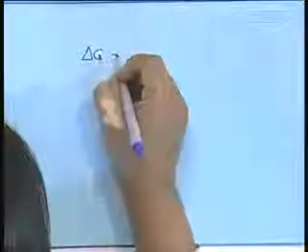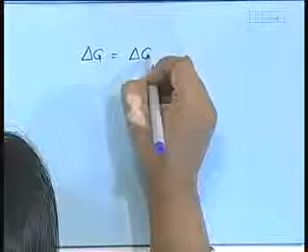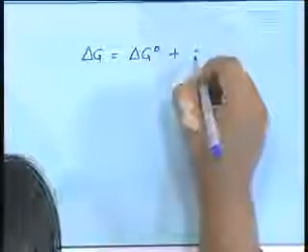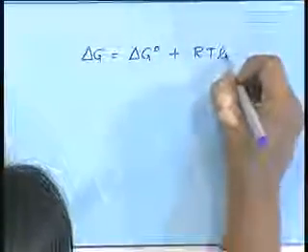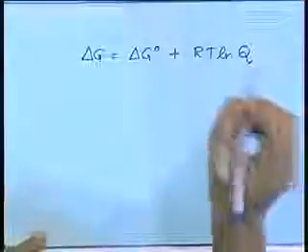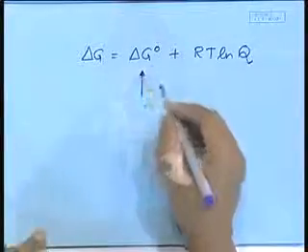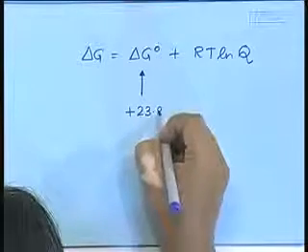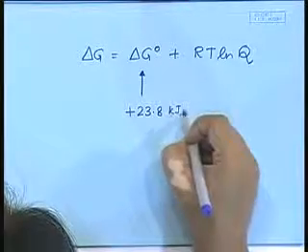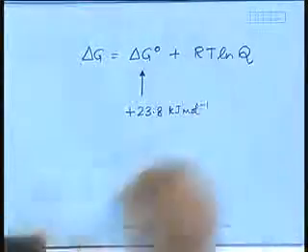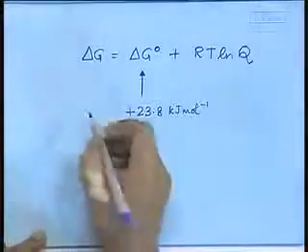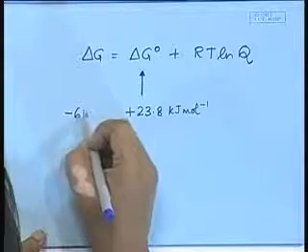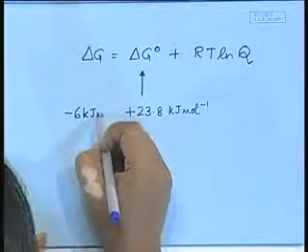I have a delta G, and I have delta G0 plus RT ln Q. The delta G0 value is plus 23.8 kilojoules per mole. The delta G value is minus 6 kilojoules per mole.